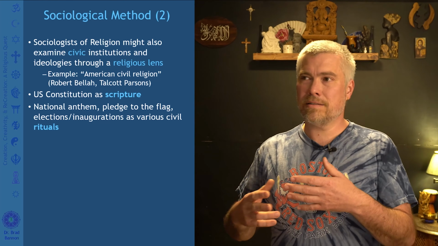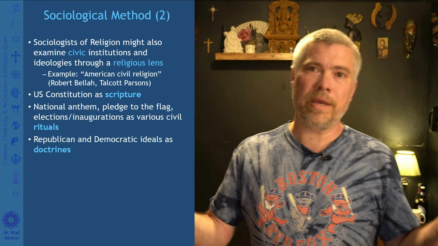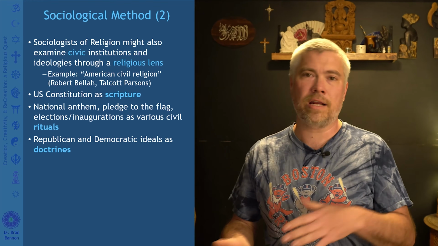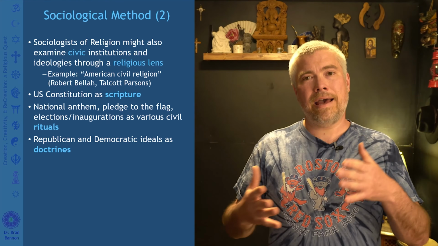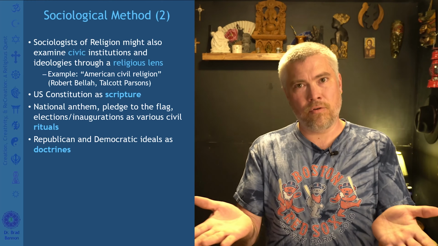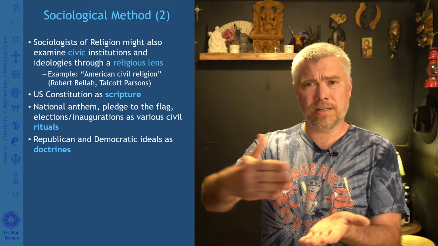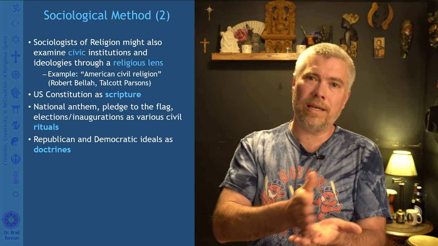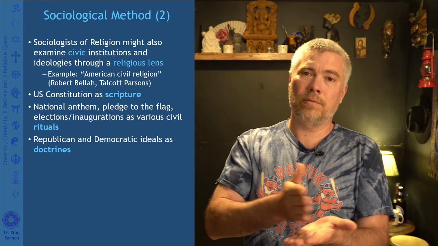You can look at, for example, the major political parties in our society, like the Republican Party or the Democratic Party or the Green Party, as instituting certain platforms or doctrines, like teachings. This is what we think society should be like, and this is the way they understand things like liberty and justice.